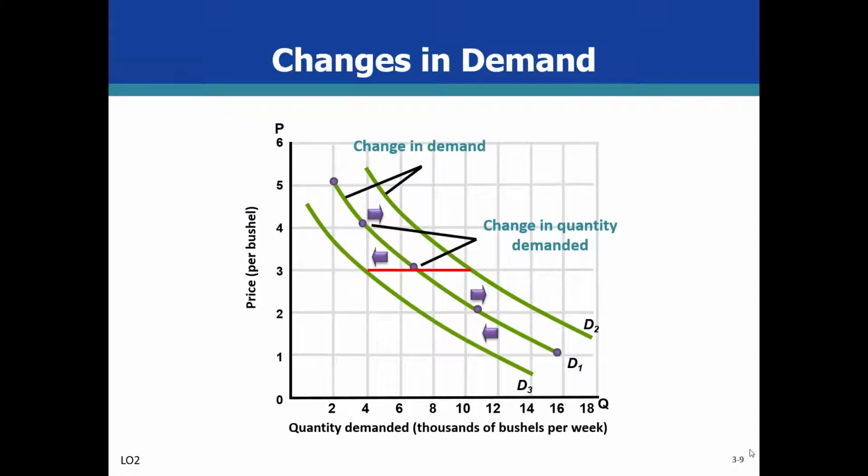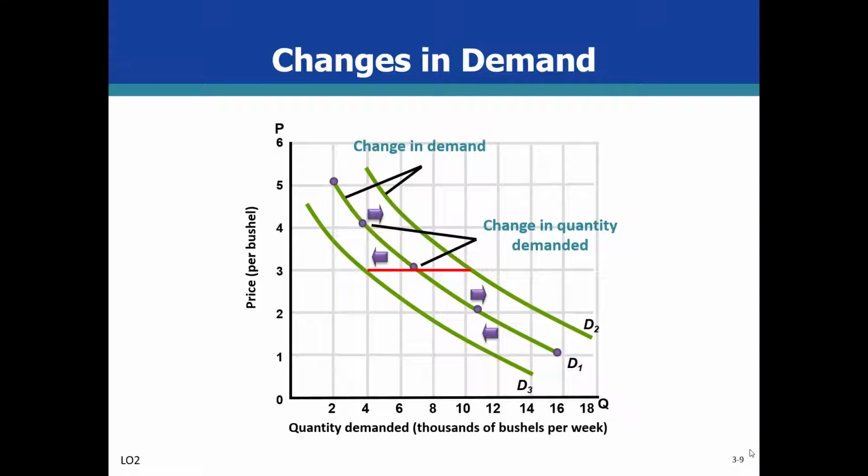We can see this on the red line, and the demand is higher at D2. So at the same price of $3 a bushel, we can see what happens at D2. Somewhere around 10 or 11 bushels per week is demanded, but at D3 at the same price, only 4 bushels per week are demanded, and this is in thousands, but you're getting the concept here.